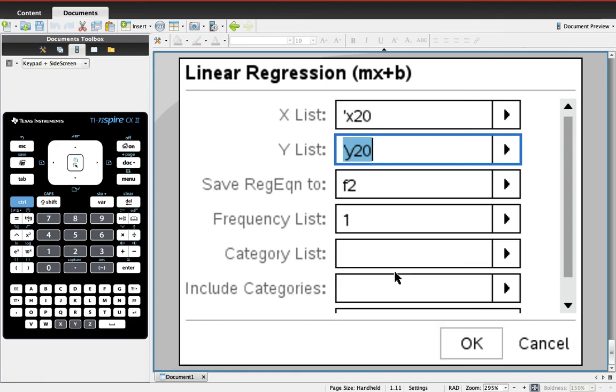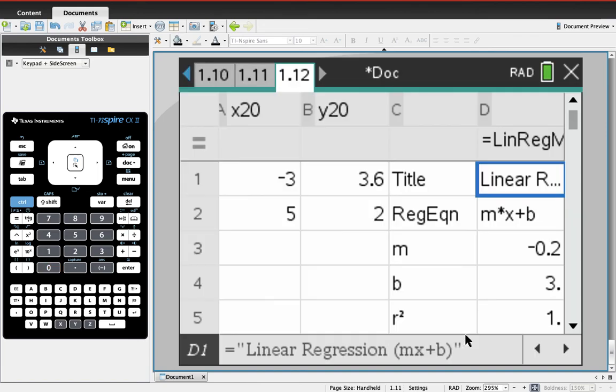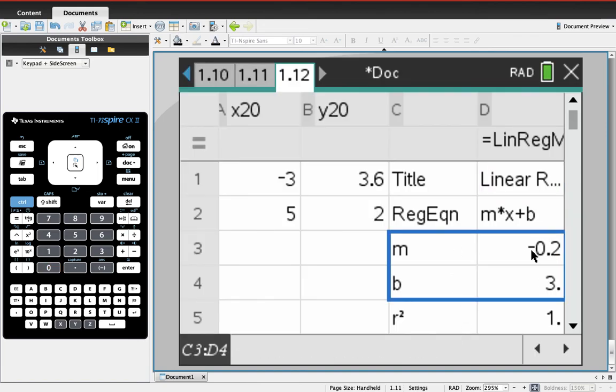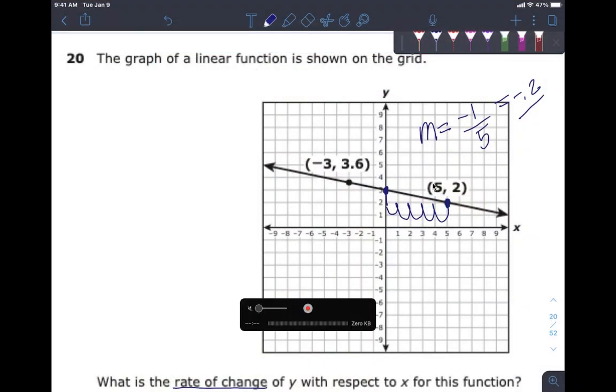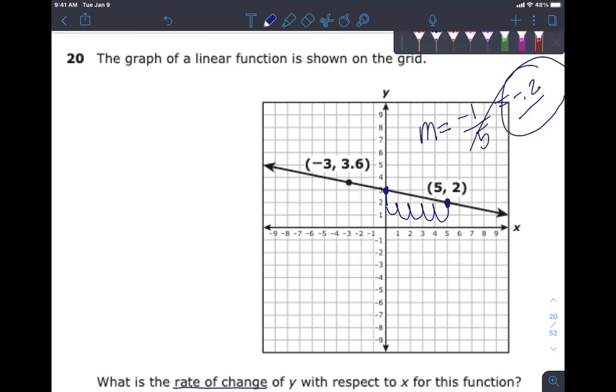This is problem number 20, so I'm going to make sure to select those. I'm going to change this to F20. I'm going to save it, and it's going to spit back an equation. -0.2. Exactly what we just found. Okay. So I'm going to say that is definitely my correct answer.